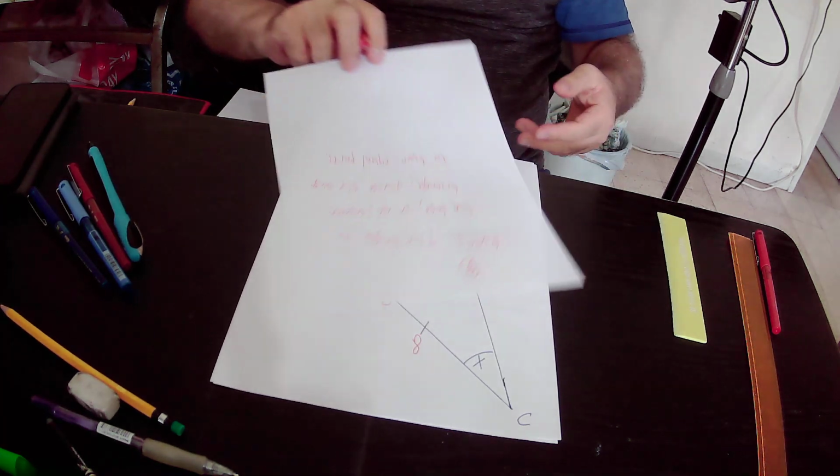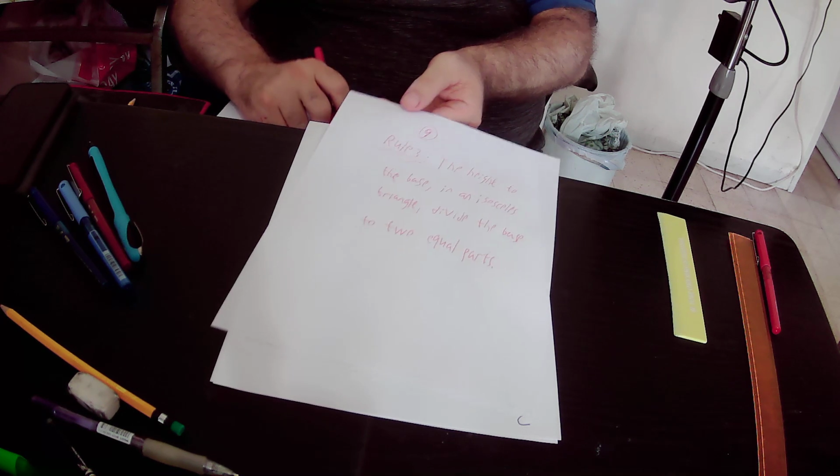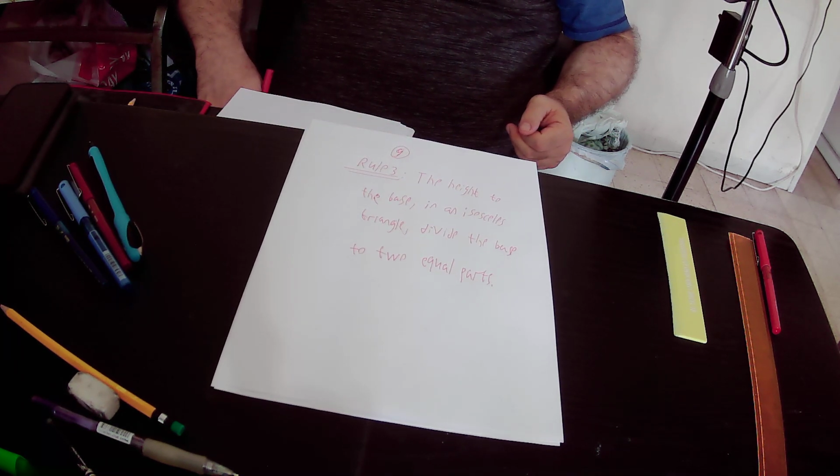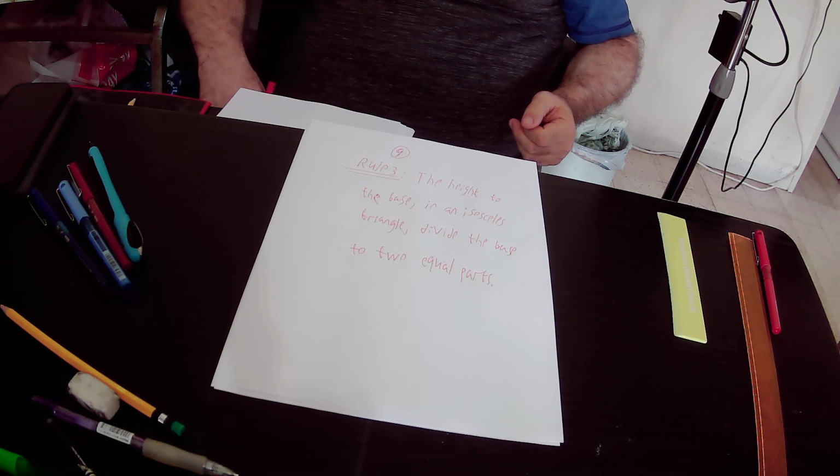I will read rule number 3 again. Rule number 3 states that the height to the base in an isosceles triangle divides the base into two equal parts.